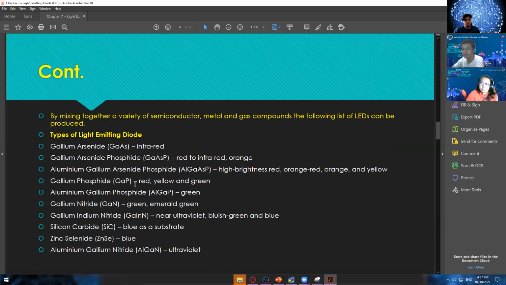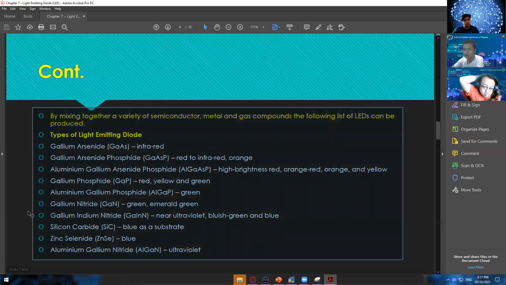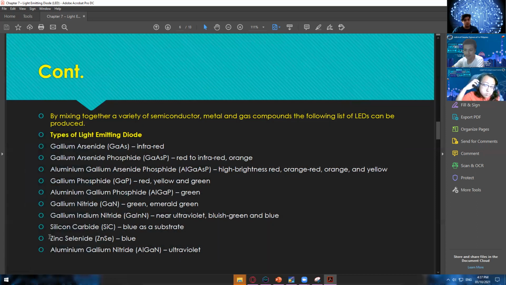Okay, we have red and yellow with this gallium phosphide. We even have ultraviolet with this aluminum gallium nitride. Okay, so kung gusto niyo pang mag-create ng more variety of colors, then you can check those composition. Okay, so nagkaroon din tayo ng zinc selenide. Okay.